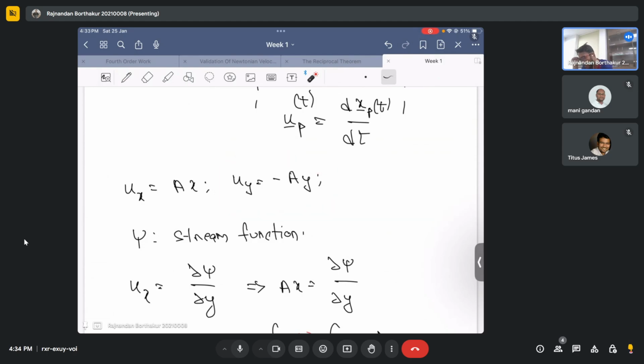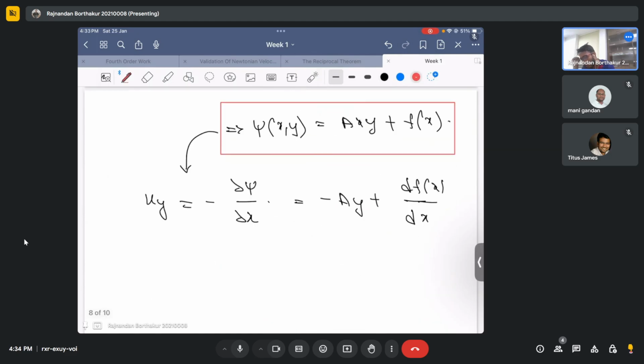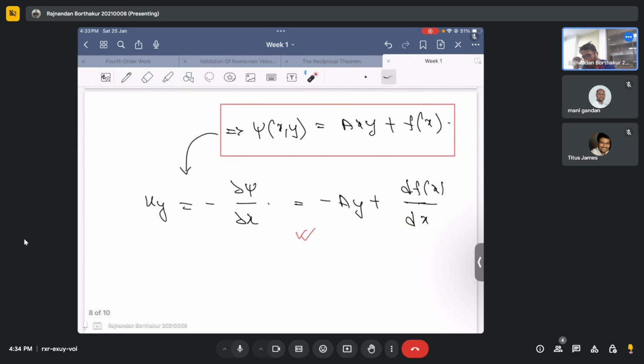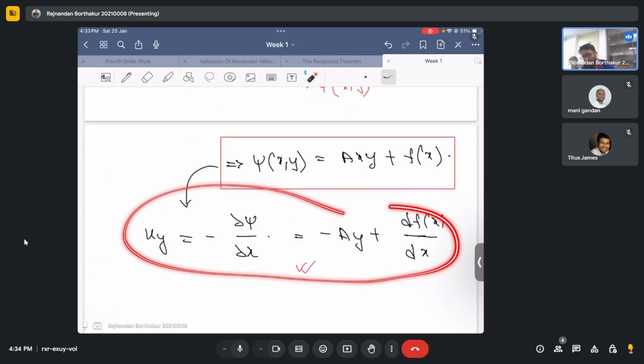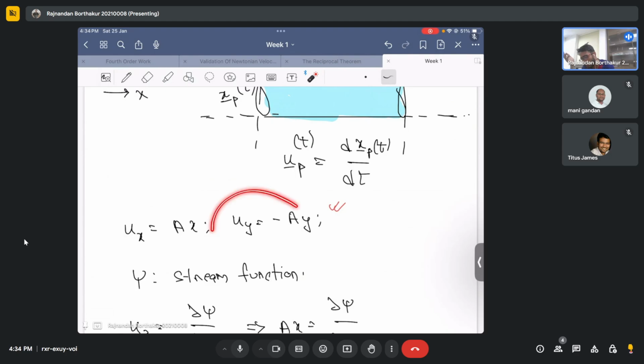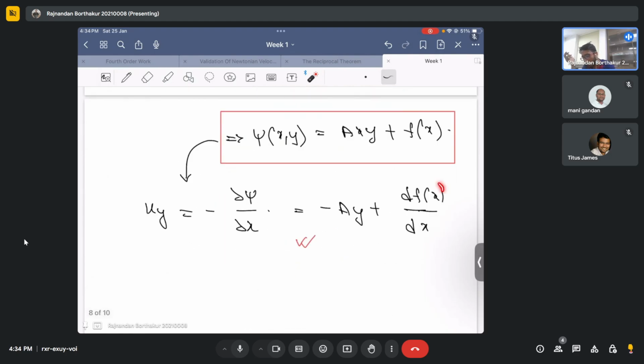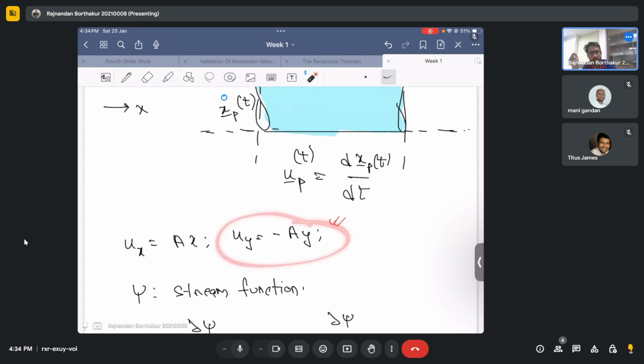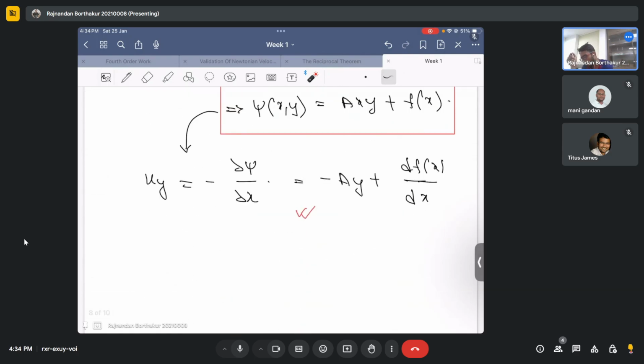If I compare this with the uy obtained from the stream function, can you comment what df of x by dx should be? Just a simple comparison, right? The uy from the question is minus ay, and the uy we got from the stream function is minus ay plus df of x by dx. So what should be the value of df of x by dx?